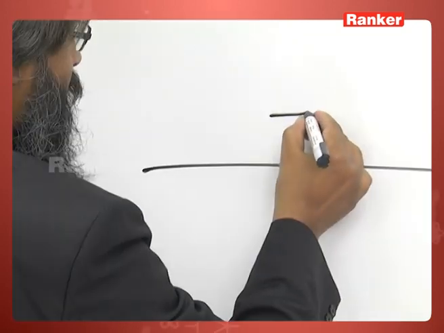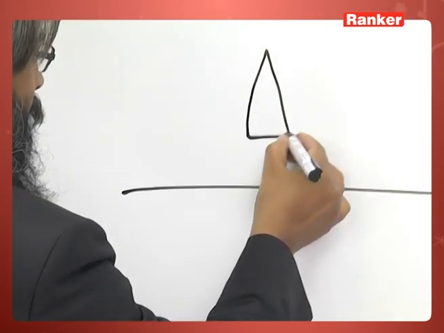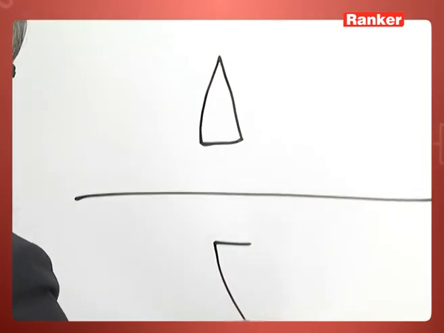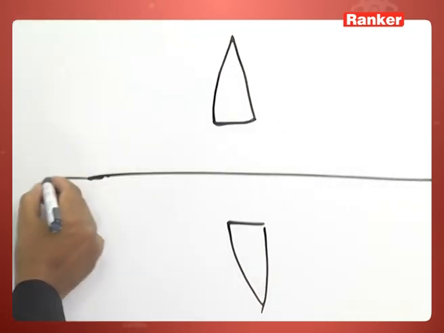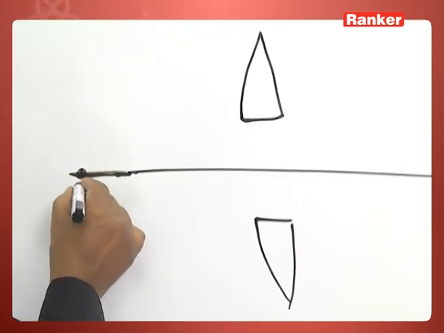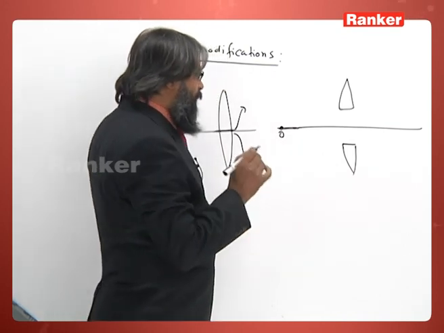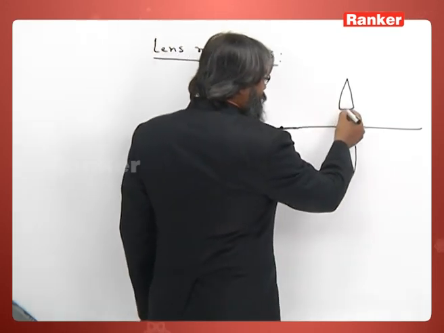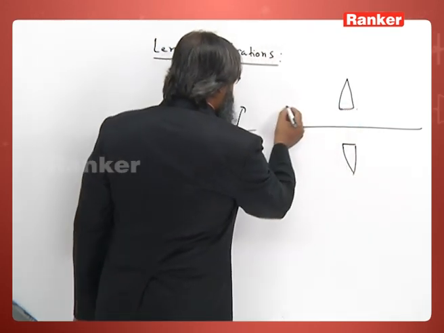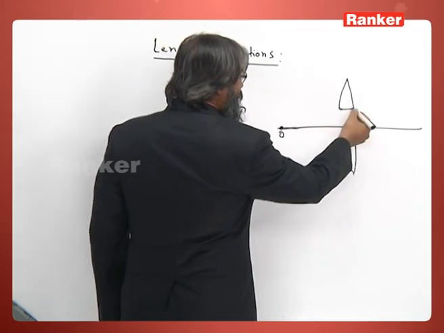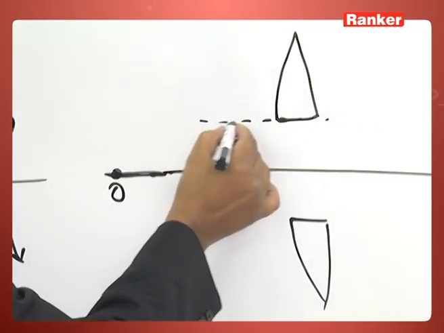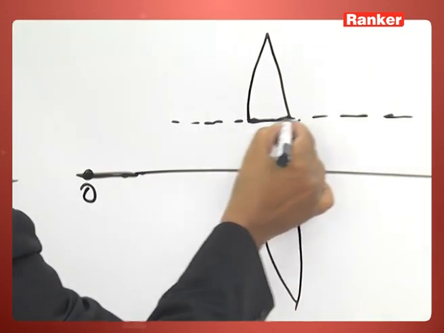Suppose this is the above portion and this is the below portion. Suppose I had an object here, O. What will happen? This will act as a whole lens whose optic axis is here.